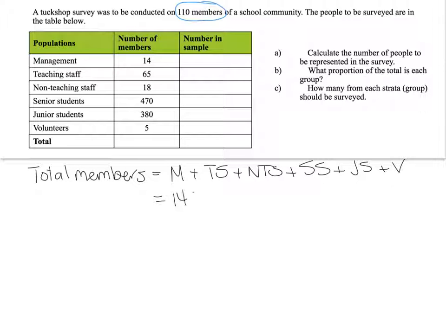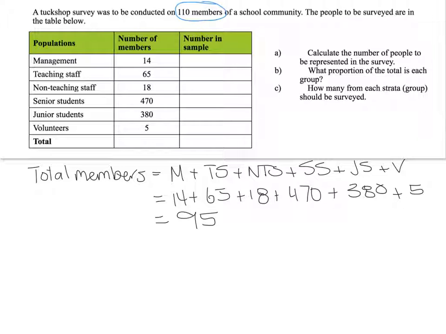So it's going to be 14 and 65, 18, 470, 380, and 5. If we add them all together, we get 952. So we can just fill that in here, 952.